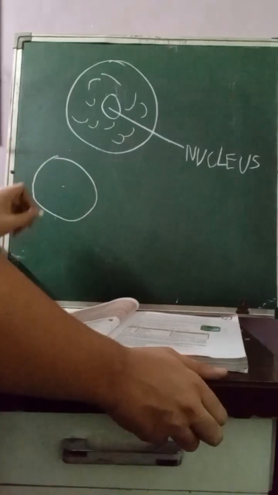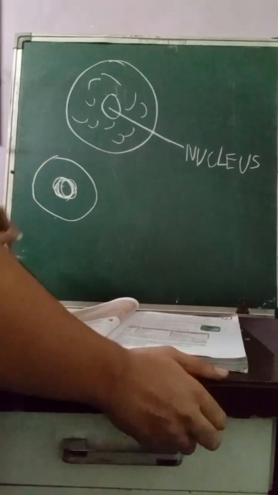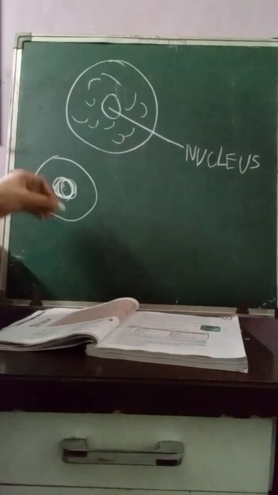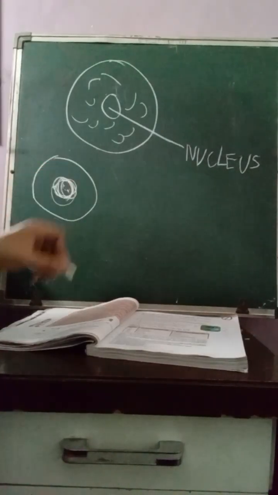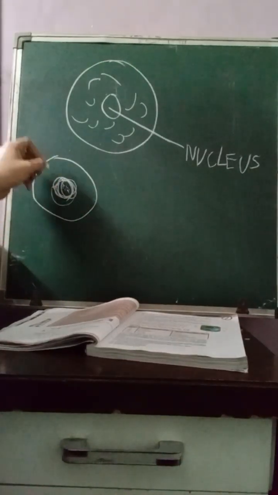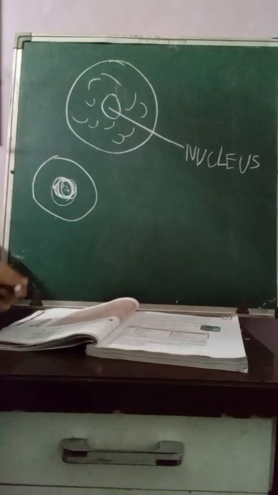This is a cell. It has a well-defined nucleus. This is a eukaryotic cell because its nucleus is so well defined that it contains every single structure and every single important thing inside it.